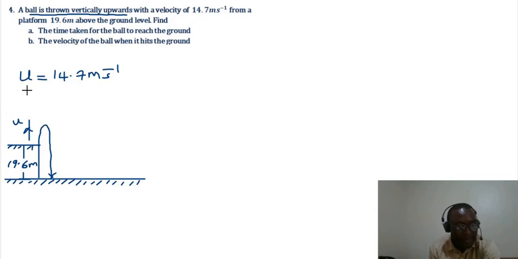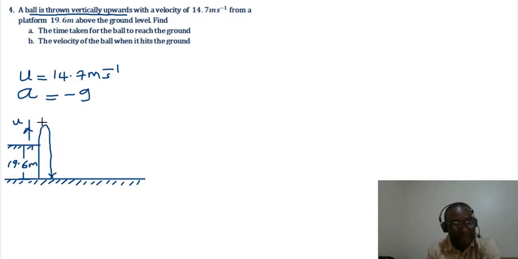Now, we already know that acceleration is going to be negative g because we are moving against the gravity. The normal direction of projection is upward, so the distance going up is going to become positive. So when it reaches the maximum point here, it will come back downwards. That distance is going to be treated as negative. So the whole of this moving down is going to be a negative distance.